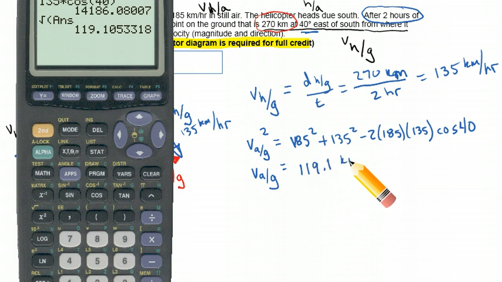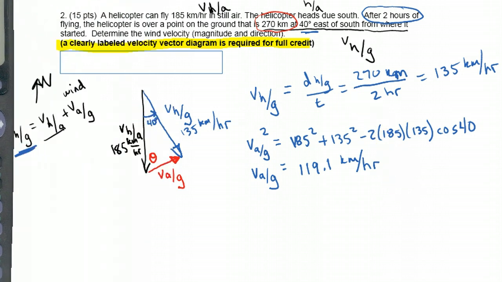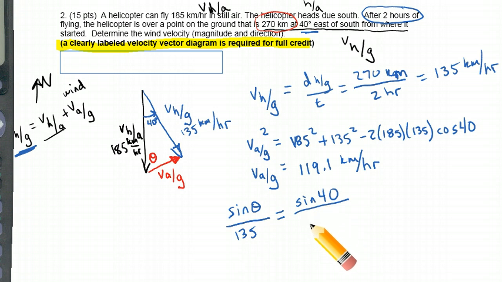Pretty strong wind, kilometers per hour. Okay, for my angle, I would probably use law of sines: sine of theta over its opposite side, 135, is equal to sine of 40 over the side I just solved for, 119.1.